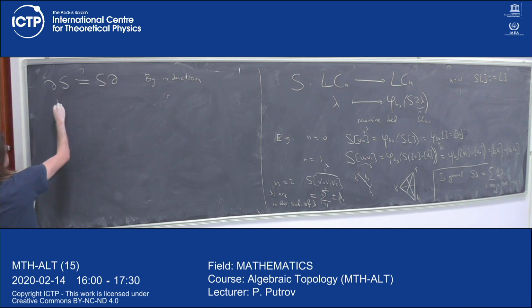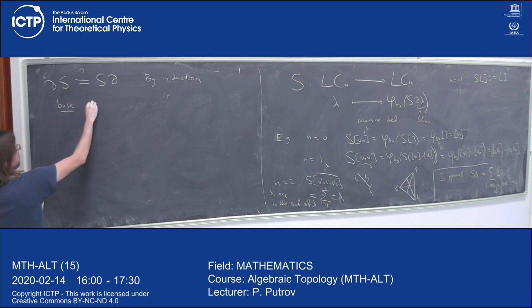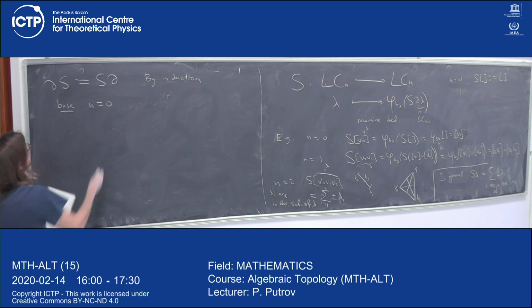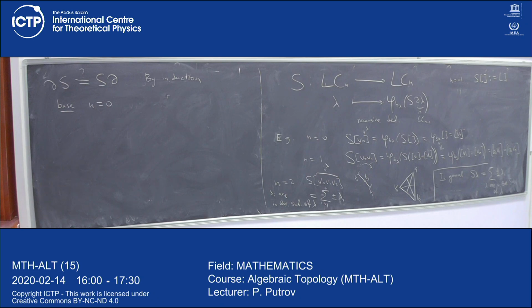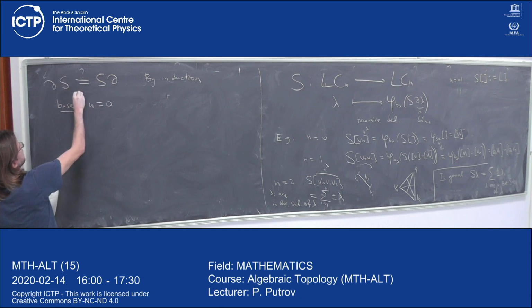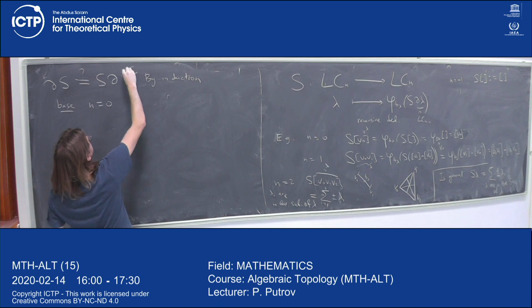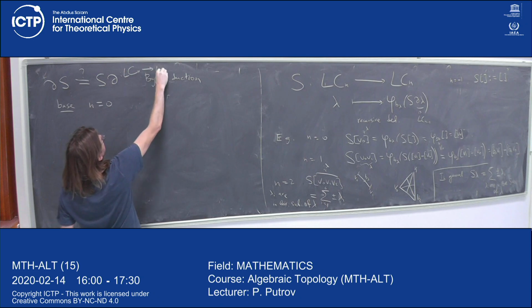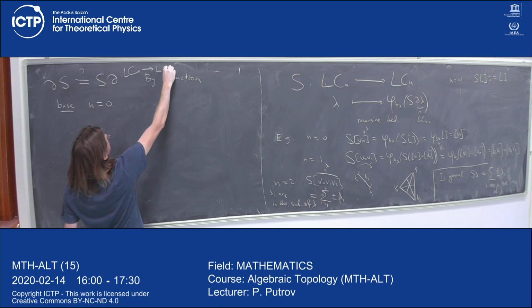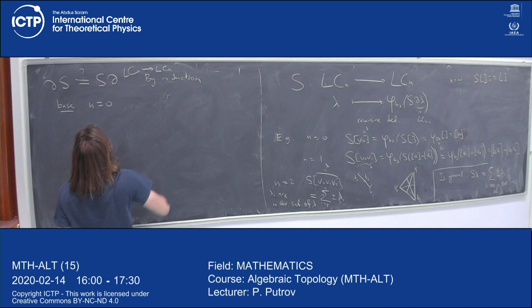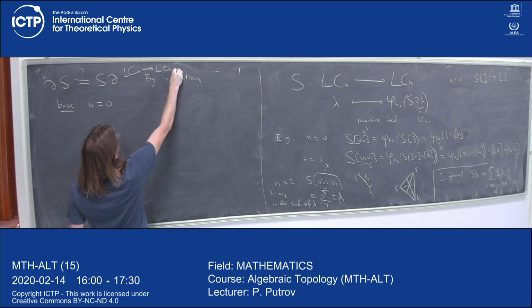So first let us check the base, the base for n equals 0. We understand this as an equality between homomorphisms from LC(n) to LC(n minus 1).